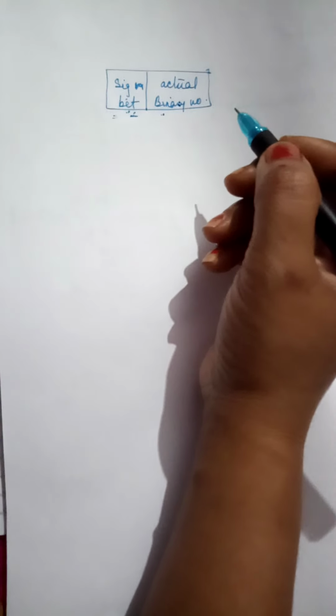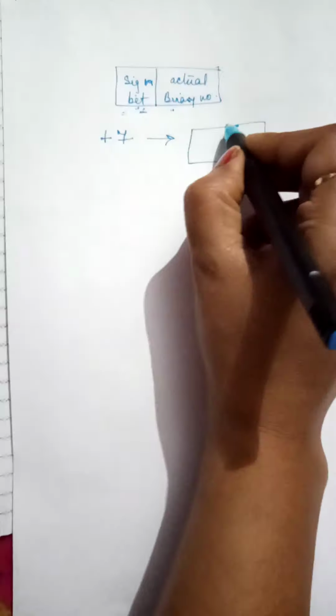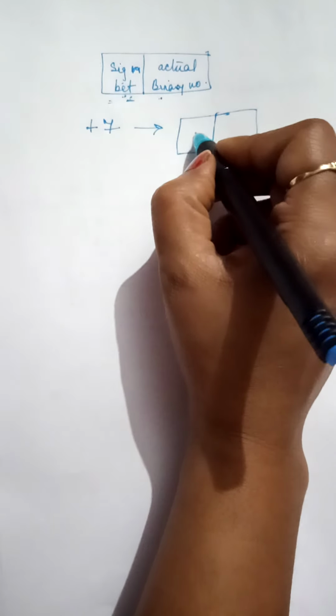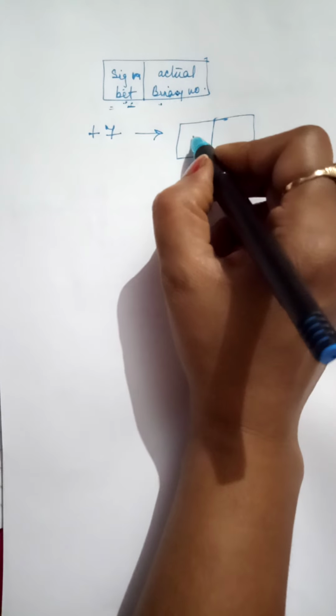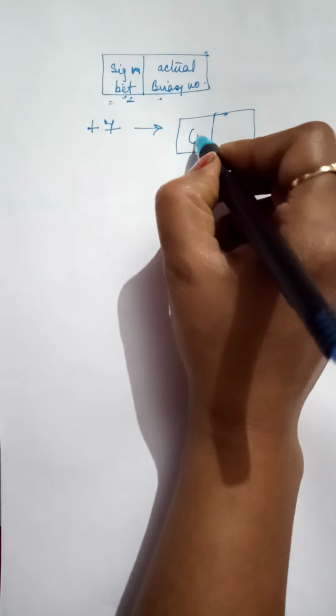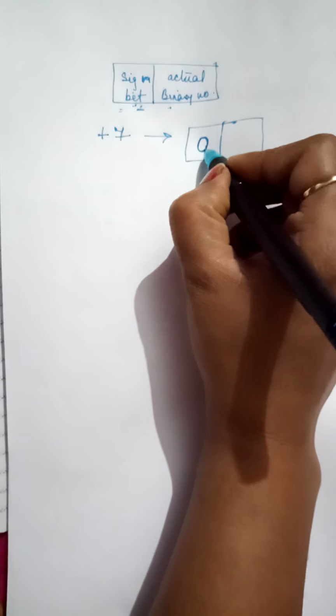So for example, if you have to represent plus 7, then this is the syntax. For plus the bit will be 0.